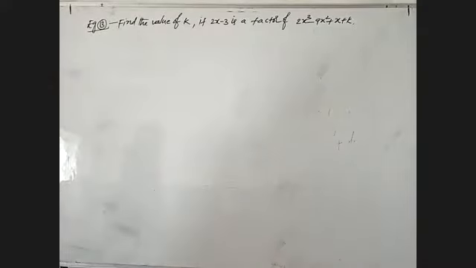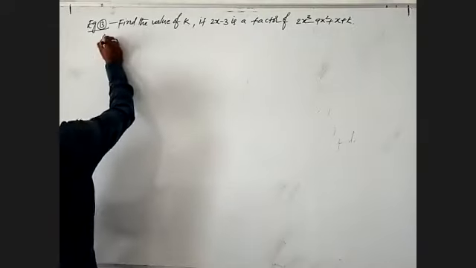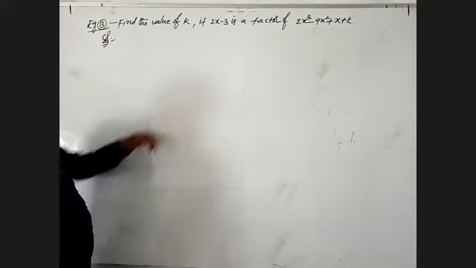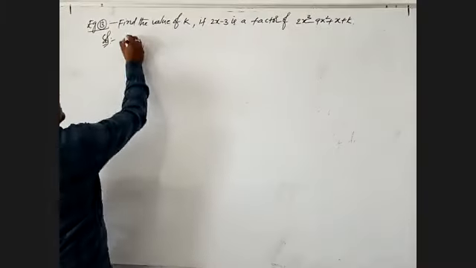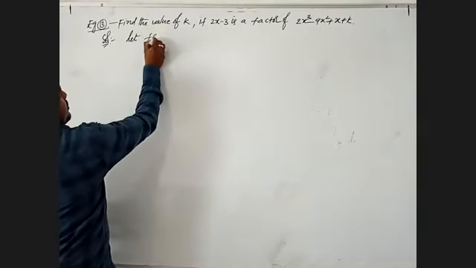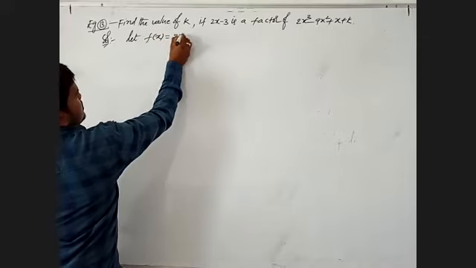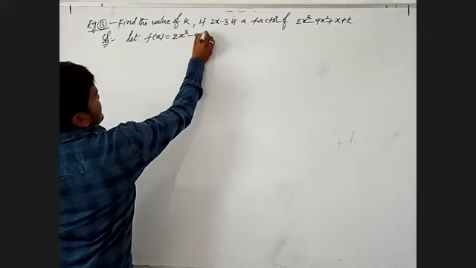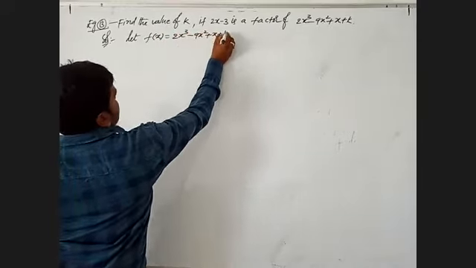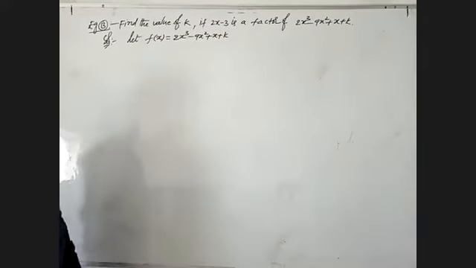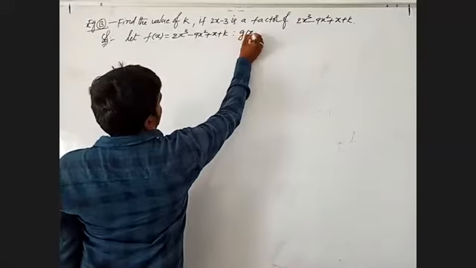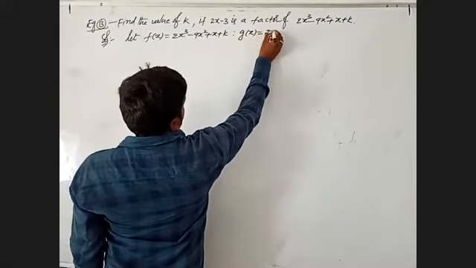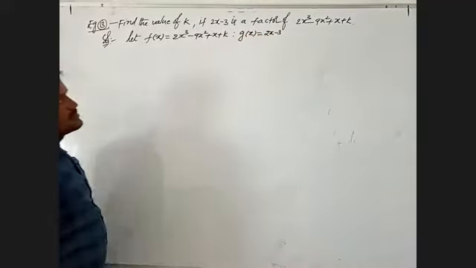Here we will observe in this one, the highest degree polynomial. Let us say this is f of x, that is f of x is equal to 2x cube minus 9x square plus x plus k. After that I will take the another polynomial, g of x is equal to 2x minus 3.